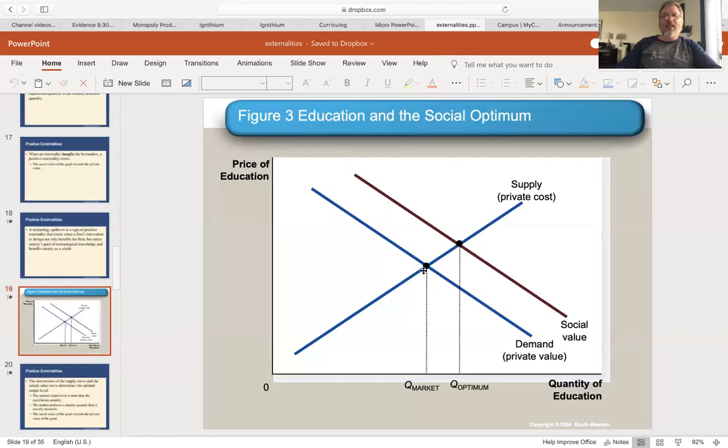But the main point is that the individual that gets the education themselves isn't the only person that benefits from their education.